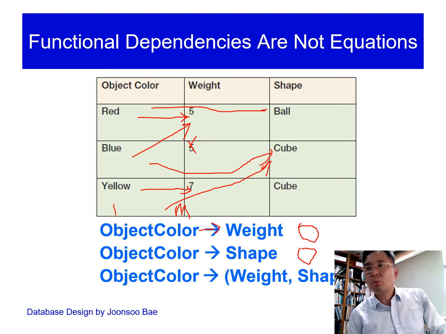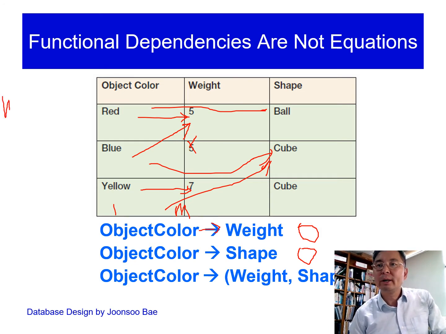Okay, how about weight will determine object color? In this mapping, 5 and 5 will map to red and blue. So that means that this is many to 1 mapping. So it is not a function.